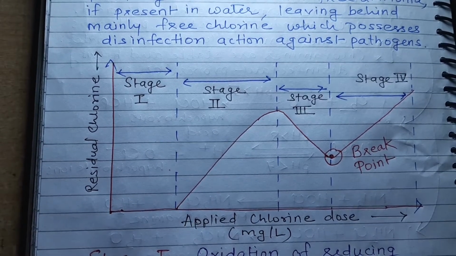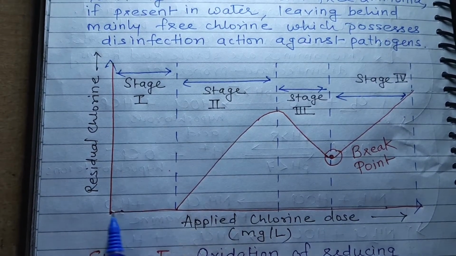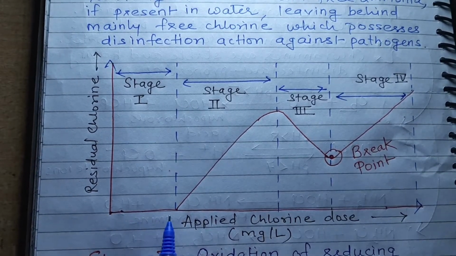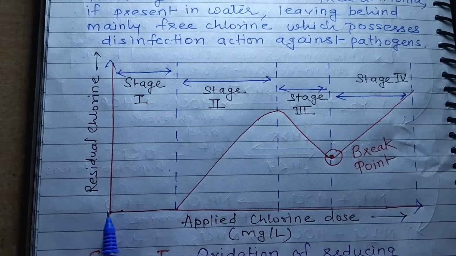You can see here in this graph, when you apply chlorine dose, initially in stage 1, there is no increase in the residual chlorine. The residual chlorine is 0 here. Why is it so? This is due to the instant oxidation of reducing compounds by chlorine.